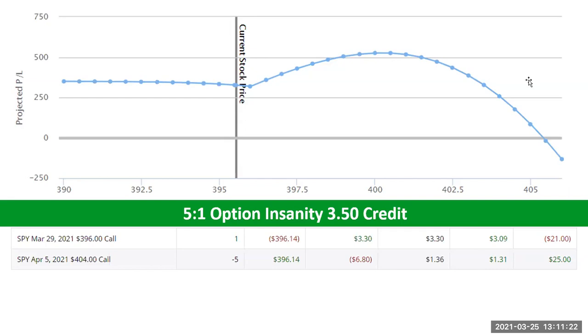So, for example, today we can't really put on any short-term option insanity trades because the volatility is up. And if the trade ends tomorrow and the volatility is still up, then we don't capture that increased rate of time decay, or the volatility crush, if you will, that occurs on the Monday option.